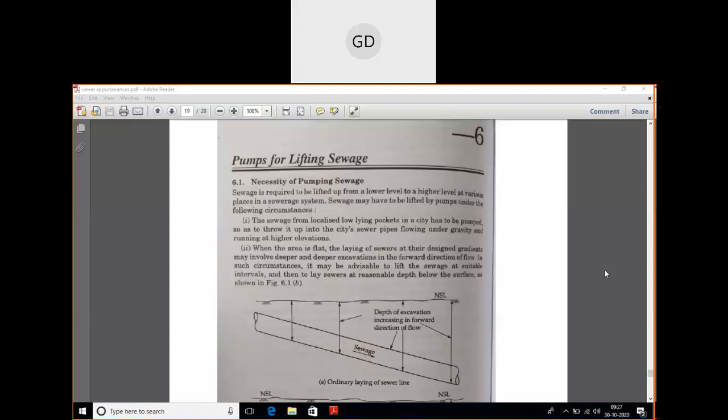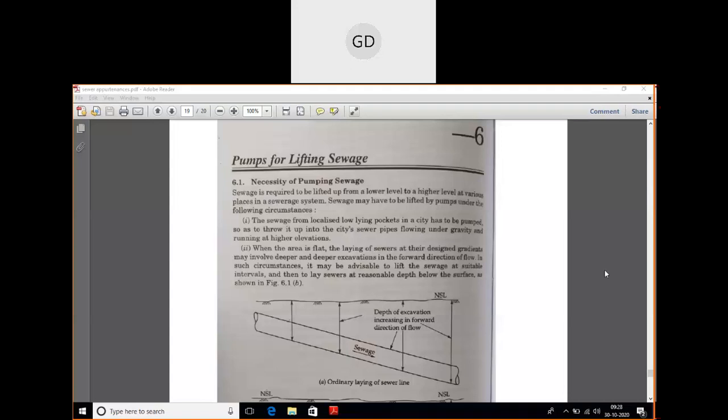Number two is when the area is flat. When the area is flat, the laying of sewers at their designed gradients may involve deeper and deeper excavations in the forward direction of flow. If you have self studied the laying of sewers, then you will know that when sewers have to be laid, they involve deep excavations in the forward direction.